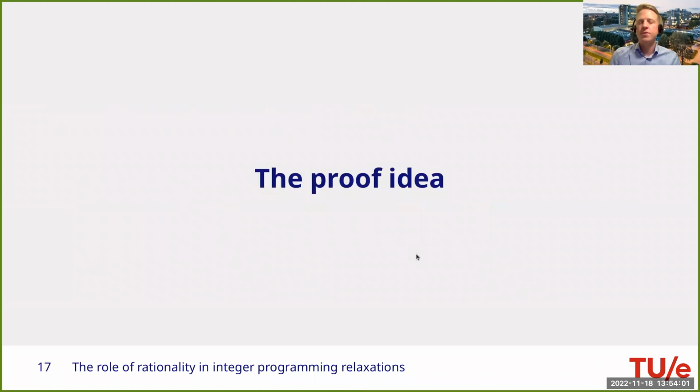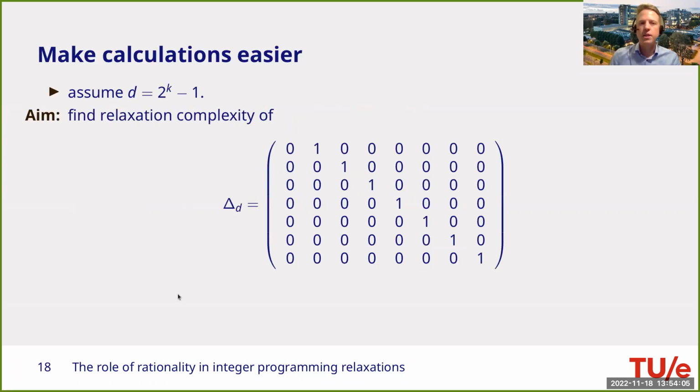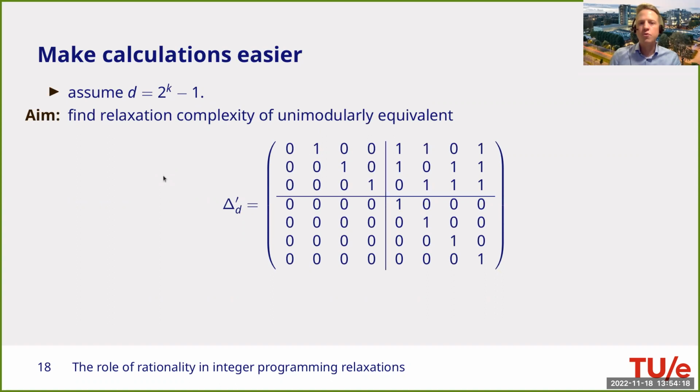And we generalize this idea also for arbitrary dimensions, but for the sake of simplicity, let's assume in the following that the dimension of the points that we are interested in is 2 to the k minus 1. We again start with delta d, the simplex in dimension d. We then construct a unimodularly equivalent simplex to make the calculations easier.